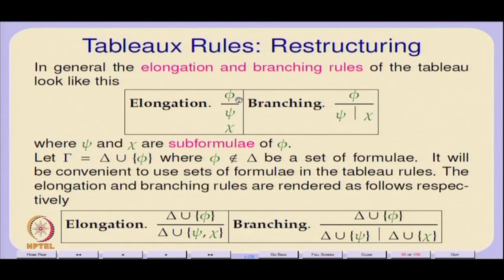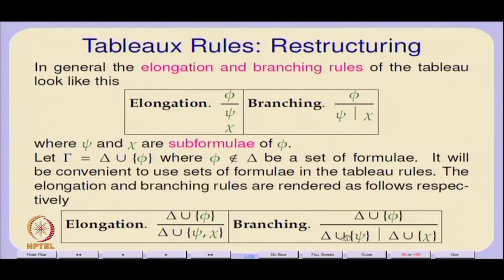Now, depending on that root operator, if it yields a psi and if it is an elongation rule, then we can just think of gamma as not having phi anymore, but instead having the two formulae psi and chi.